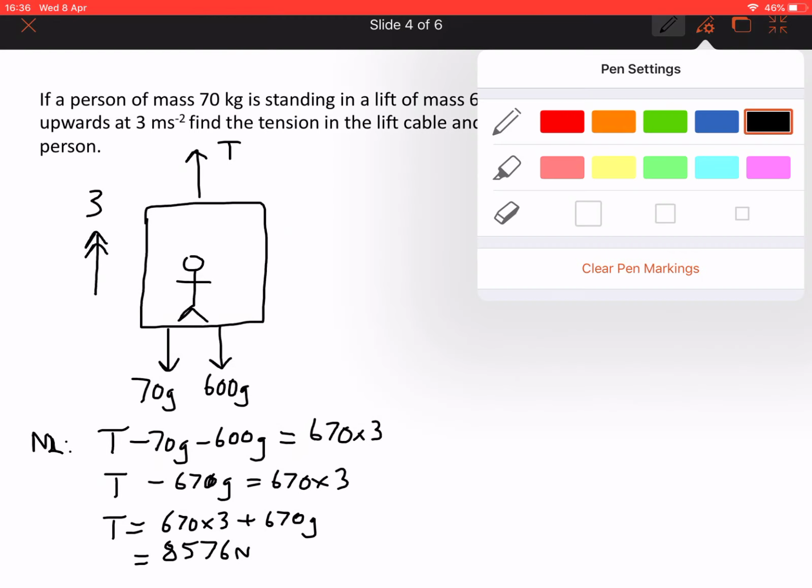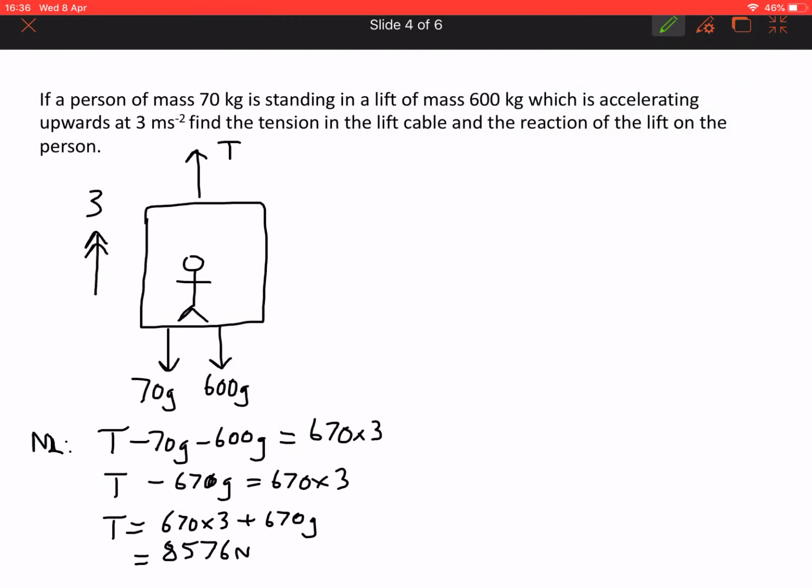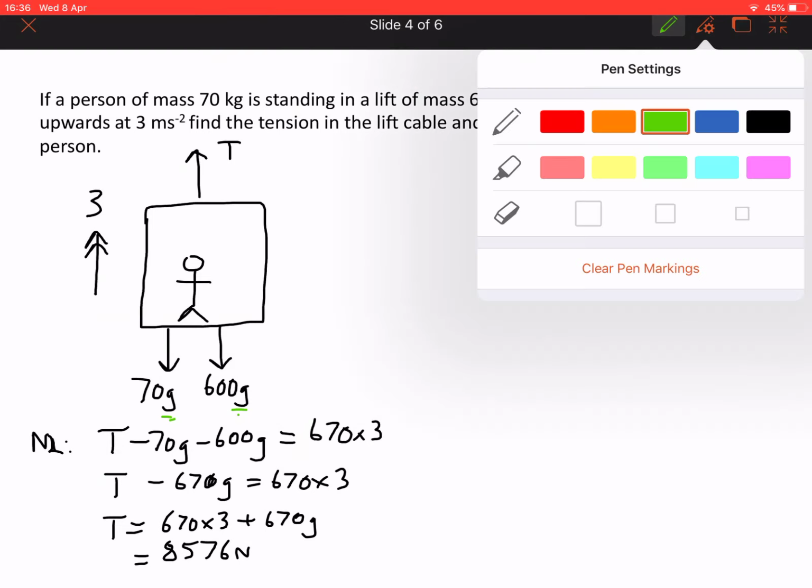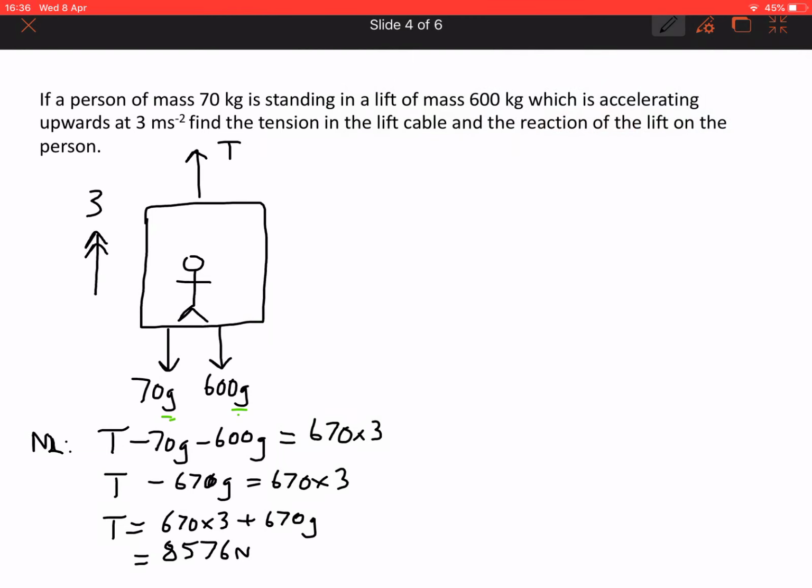Now critically, because we've used g in the question, you've got to give your final answer to 2 significant figures. So that will be 8,600 newtons. So 8,600 newtons in the lift cable is the tension.